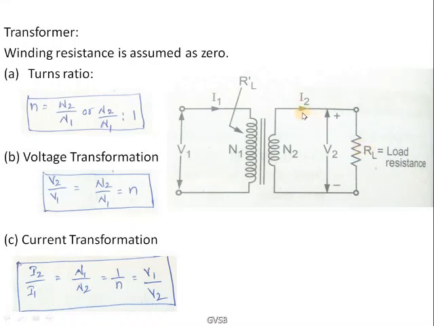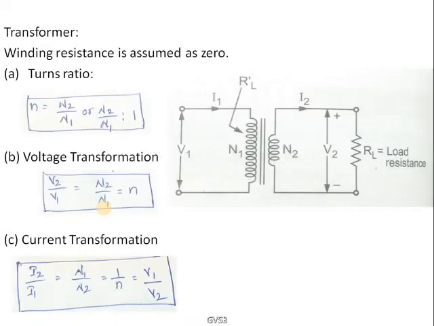The current produced in the secondary is inversely proportional to the turns ratio. I2 by I1 is equal to N1 by N2, which is the reciprocal of the turns ratio, 1 by N, that is equal to V1 by V2 from the voltage transformation equation. Next, impedance transformation.